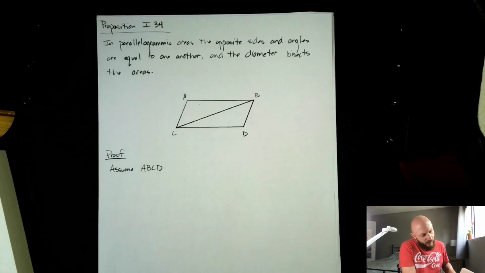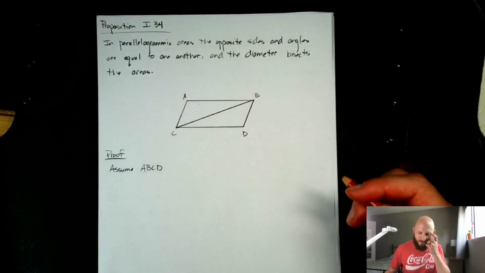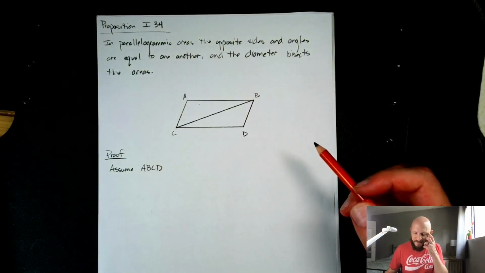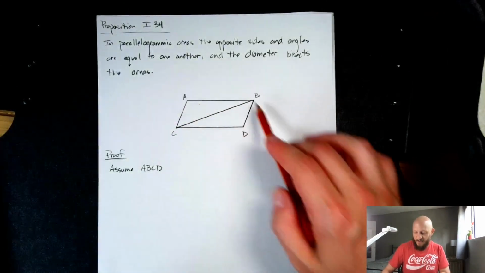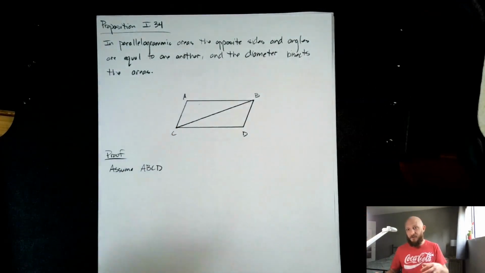BC is in there. But more. He says, I say that the opposite sides and angles of the parallelogram ACDB. So he even calls this a parallelogram. Because we haven't really defined parallelogram, I would prefer to say ABCD, and I guess he's going counterclockwise with his lettering. I'm going to go clockwise.